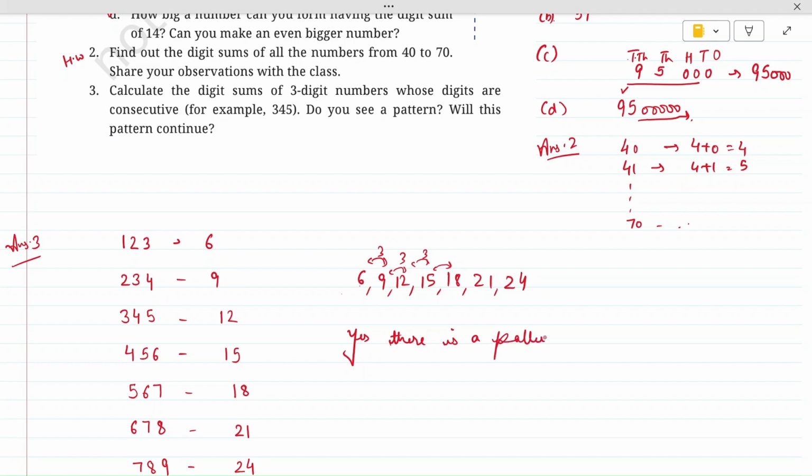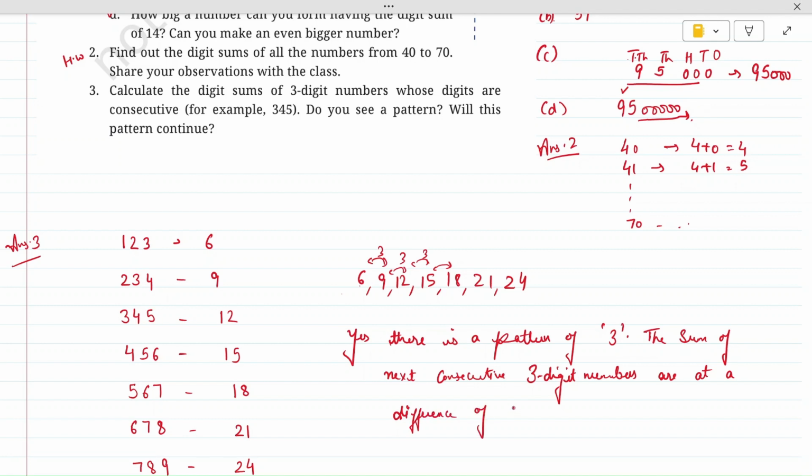There is a pattern of 3, that is, the sums of the next consecutive 3-digit numbers are at a difference of 3.